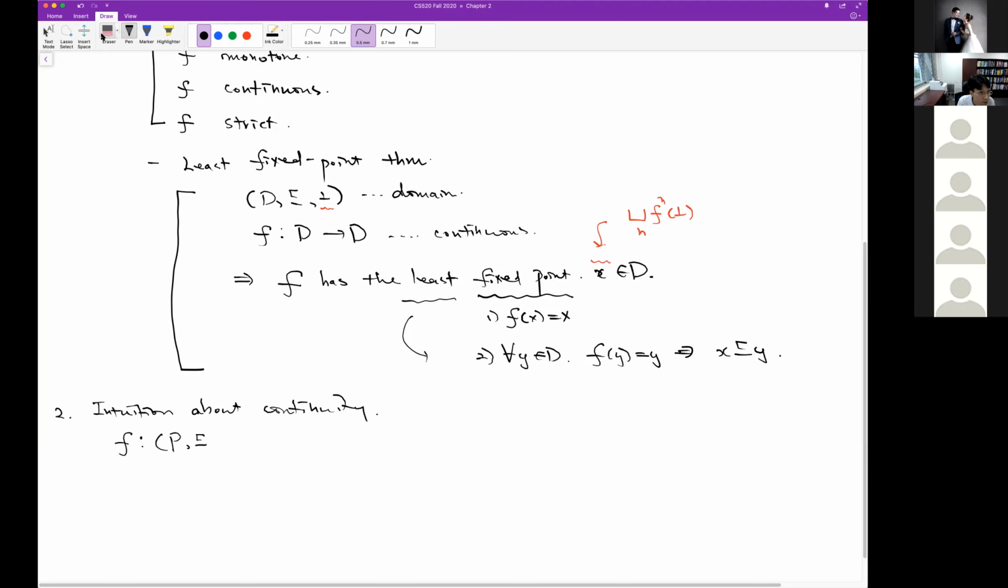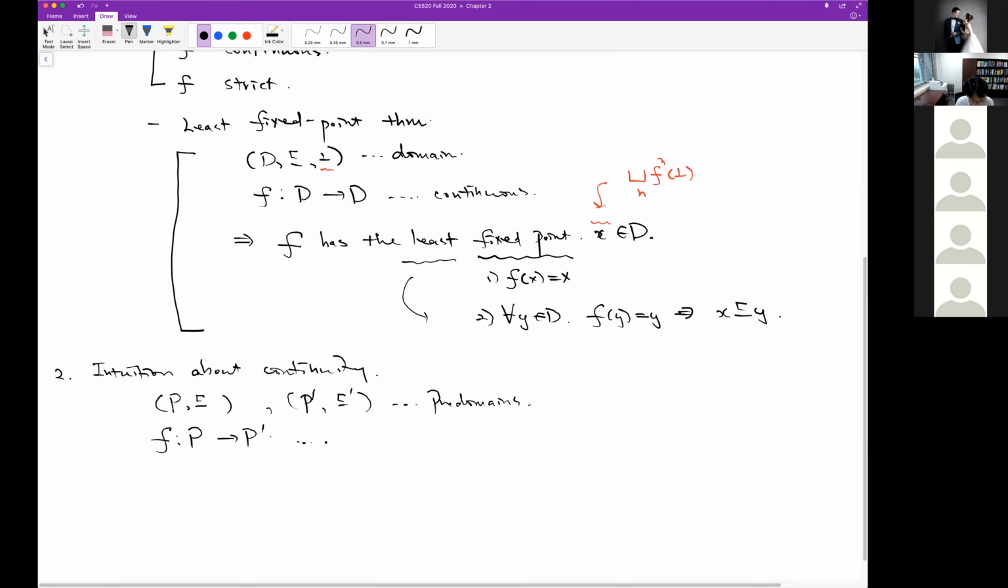We are given two pre-domains, P and P prime, and suppose we have a function f that goes from P to P prime. We can assume that this is monotone. Monotonicity just means that you preserve the order.